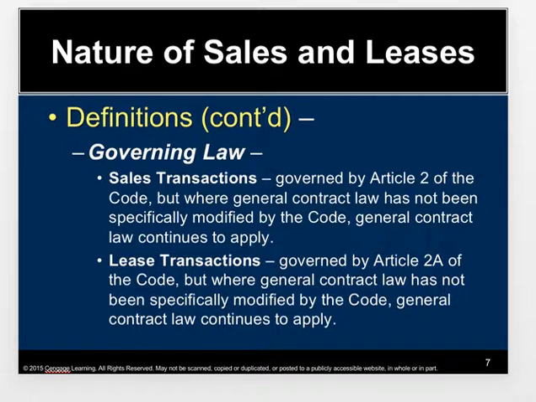But where general contract law has not been specifically modified by the Code, general contract law continues to apply. So, in other words, we're going to first look at the Code, see if the Code addresses the issue, see if the Code has modified the common law, and if it has, obviously, then we're going to apply the Code. If the Code is silent, then we're going to look at the general contract law principles to see what governs.